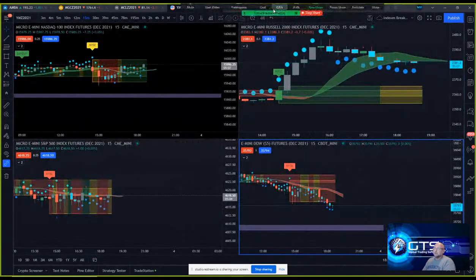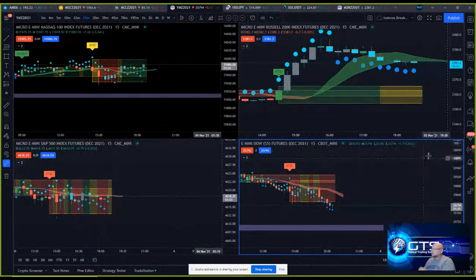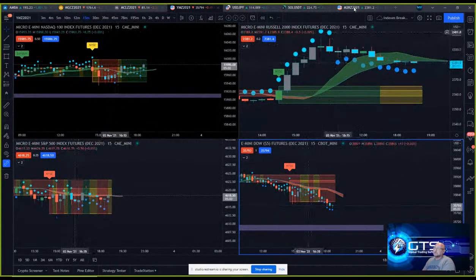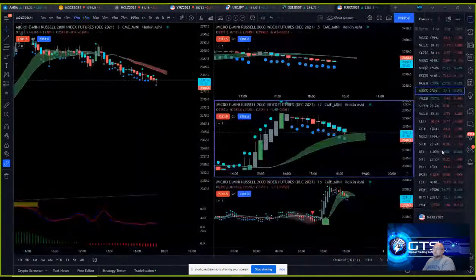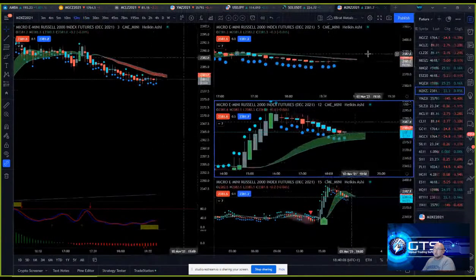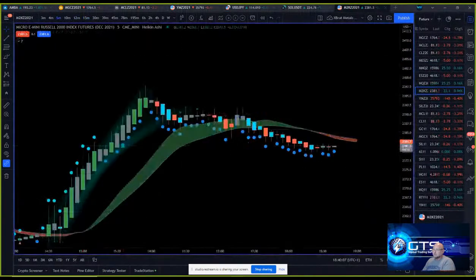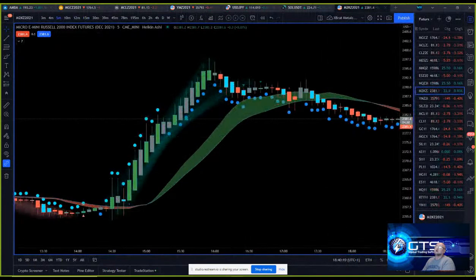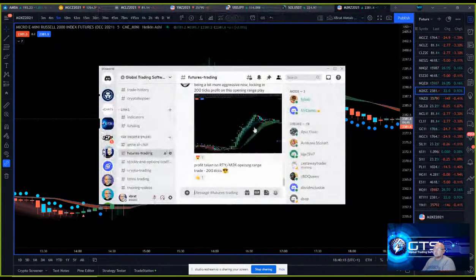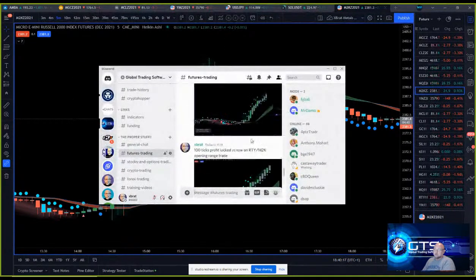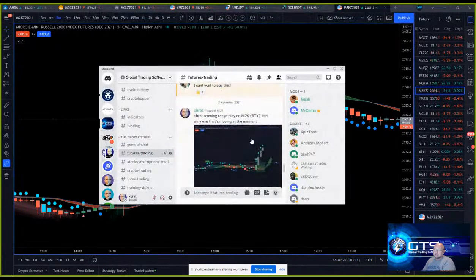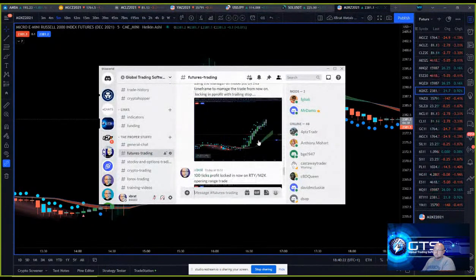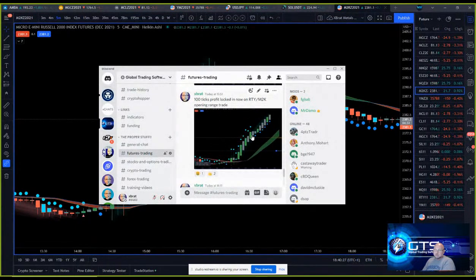I just wanted to go through how I manage that trade, because that's important as well. We need to understand how we are going to manage those trades. So what I did, if we go to M2K here on the 5 minutes, is I used the manager. And again, on the Discord group here, you'll see, right from the beginning of the trade, the range breakout, locking in on the trading stop, then locking in 100 ticks.